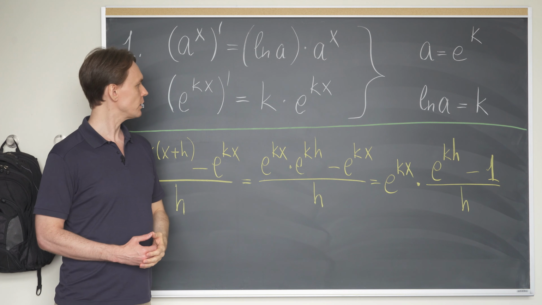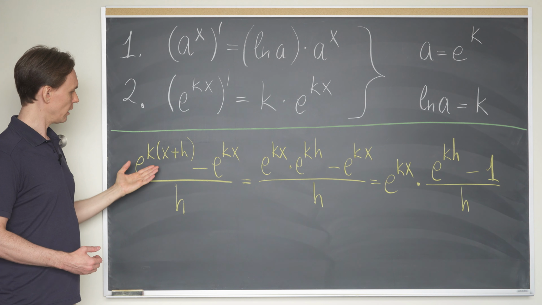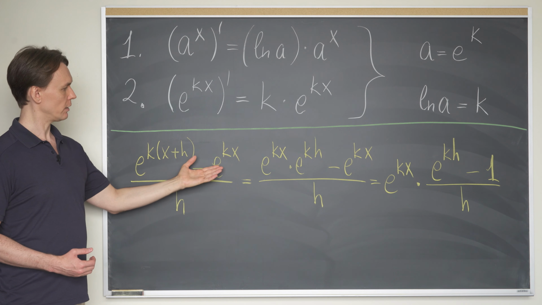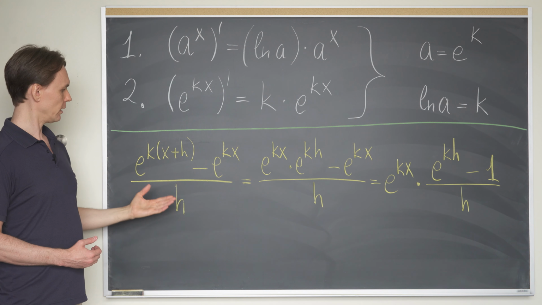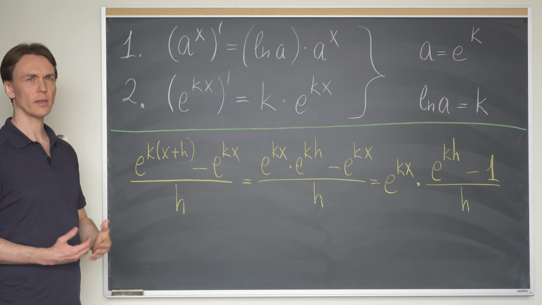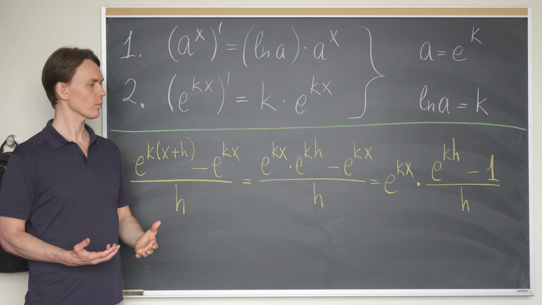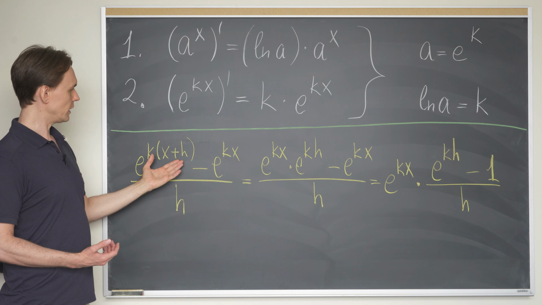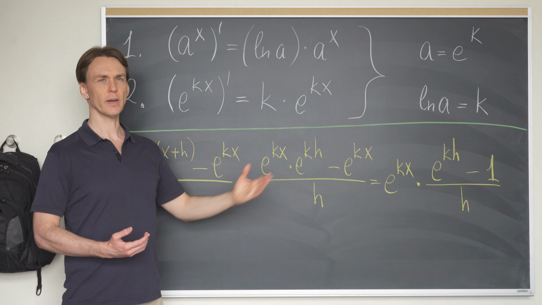So to calculate its derivative, we have to take the function at the point x plus h, subtract the function at the point x, divide by this increment h, and then let h go to 0. Now, in the case of the exponential, e to the sum is just the product of exponentials.